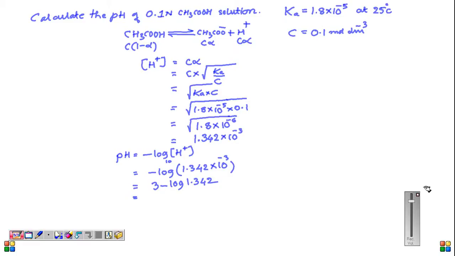This is equal to 3 minus log of 1.342. First you write the log of 1.342, that is, the characteristic of this is 0, and log of 1.342 is equal to 0.1277.